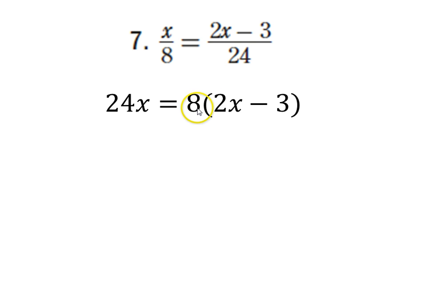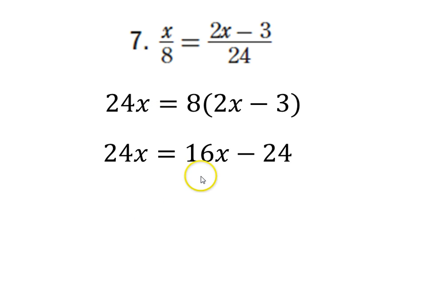I can use the distributive property here, 8 times 2x and 8 times negative 3. That simplifies to be 16x, from 8 times 2x, minus 24, from positive 8 times that negative 3 is a negative 24. Now I have to solve for x, so I want to get all my x's onto one side of the equation. I'm going to take this positive 16x and subtract it to make it go away.